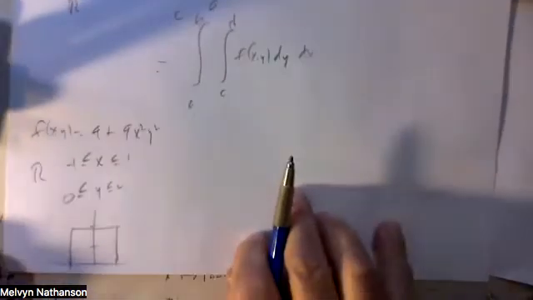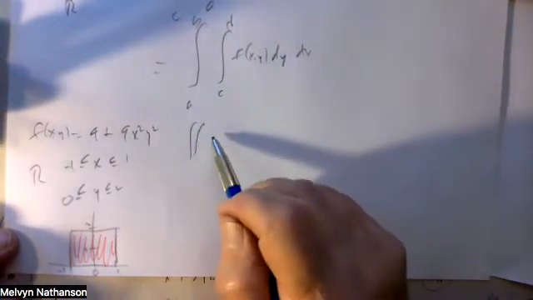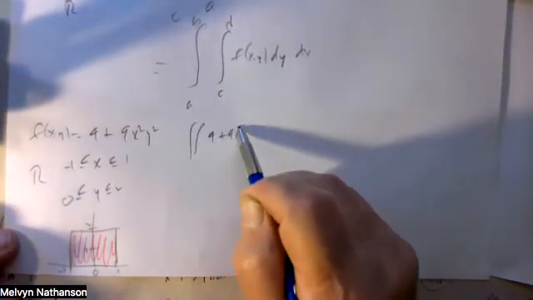So in the xy plane, this is the rectangle with corners at -1, 0, 1, 0, and 1, 2. This is my rectangle. And I want to compute the double integral of 4 plus 9x squared y squared over R.